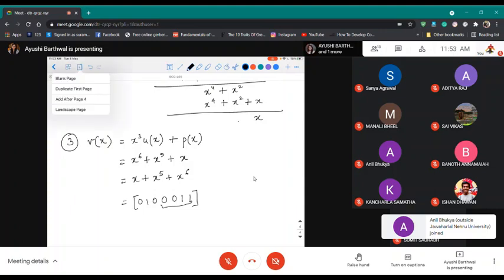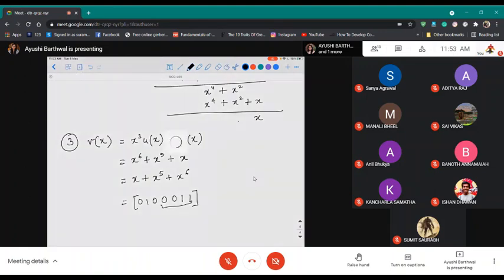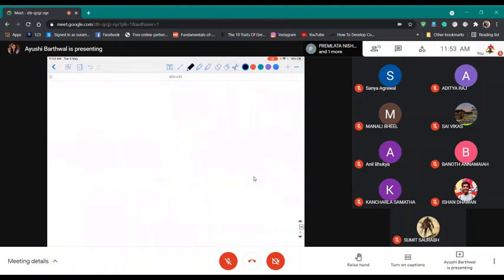Now the next way to generate cyclic code, the polynomial method is one way of generating cyclic code. The other method to generate cyclic codes is using generator matrix, and for checking the error, we can use parity check matrices.